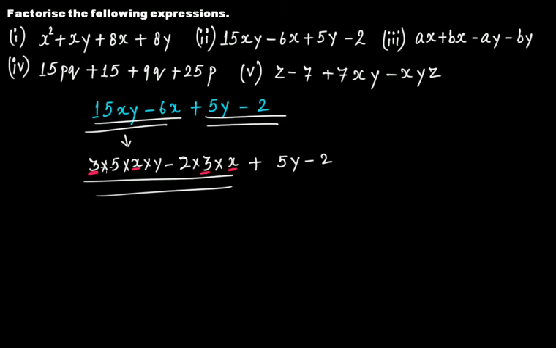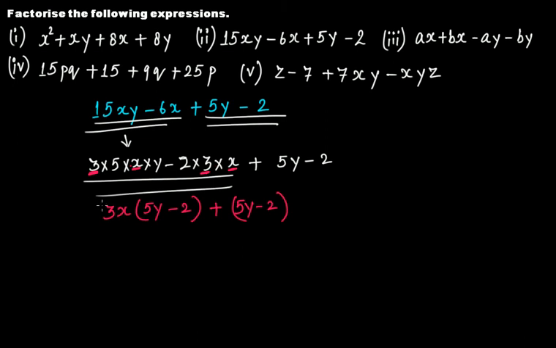It means that out of these two terms, 3x is common. So take 3x outside the bracket, inside you have 5y minus 2, then plus this 5y minus 2, right?